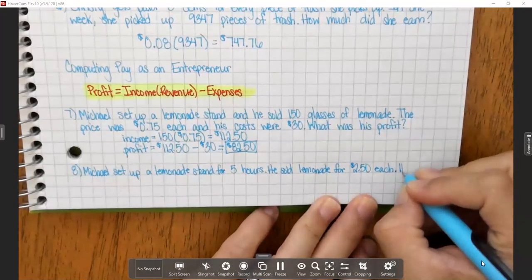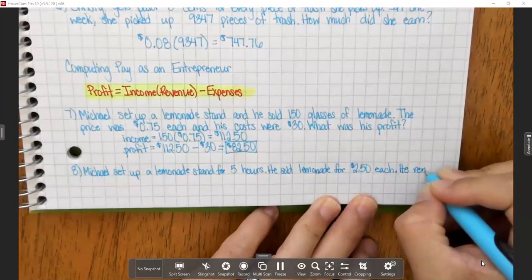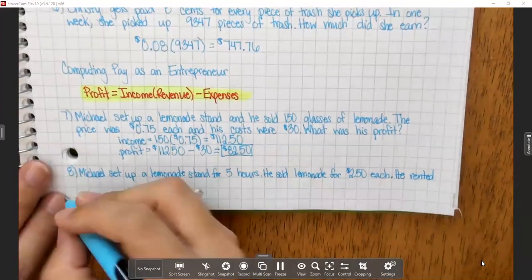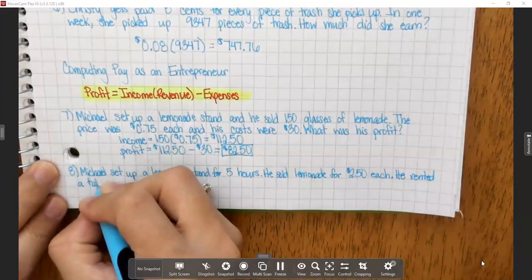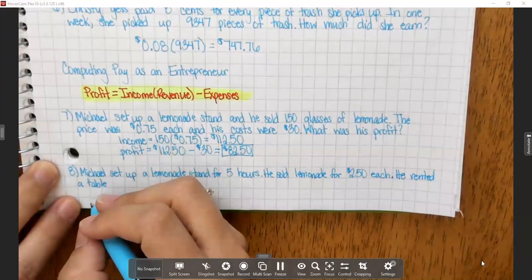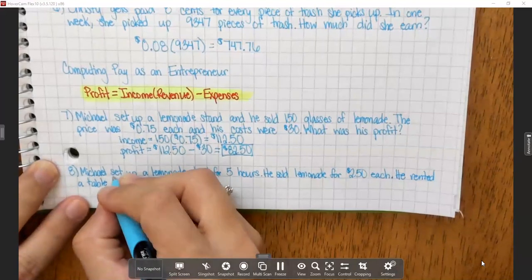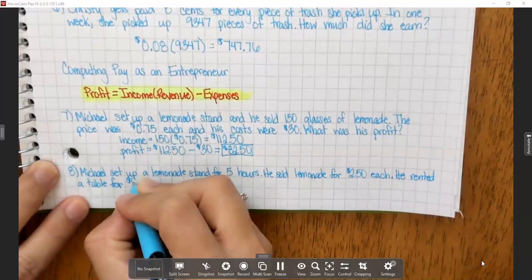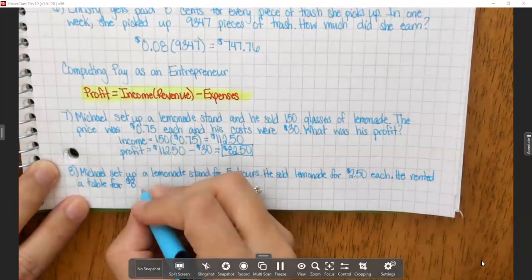We'll make it fit though. He rented a table for $8 per hour.